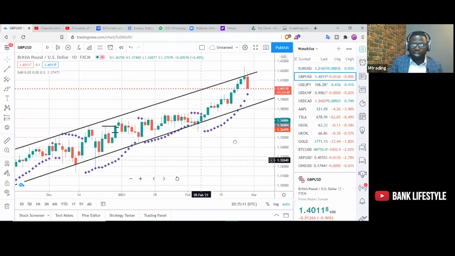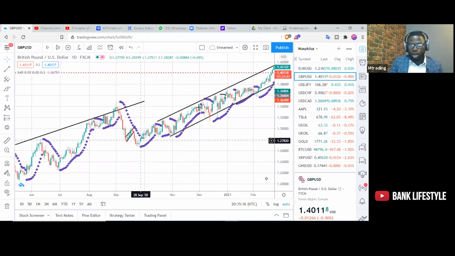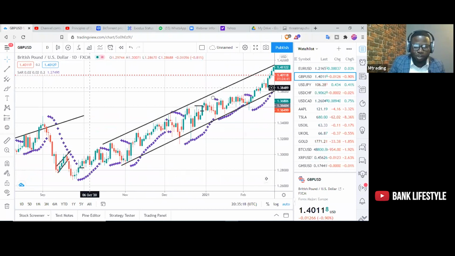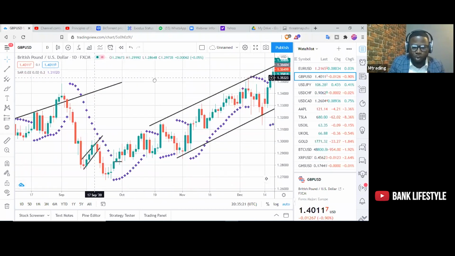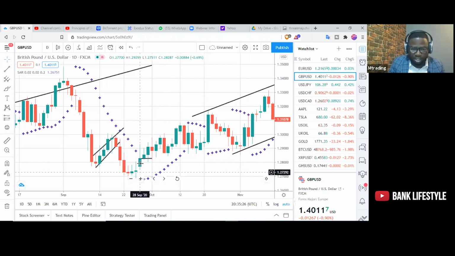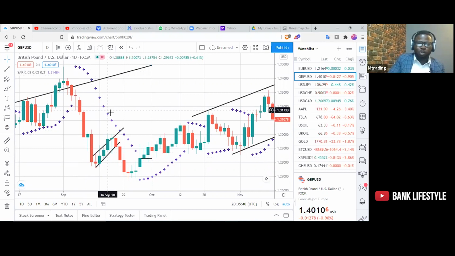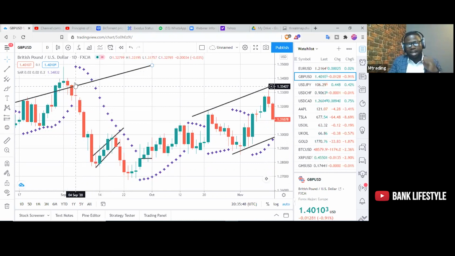So how does it work? We can start from over here and work our way towards the upward direction. We say the parabolic helps us to know whether there's going to be a reversal or a beginning of a trend. Right here, you can see that the trend was a downtrend. You can see how the market had a steep slope over here. Even at this point, the price tried to pull up a little bit, but the parabolic did not respond to it because the downward move had a lot of strength.